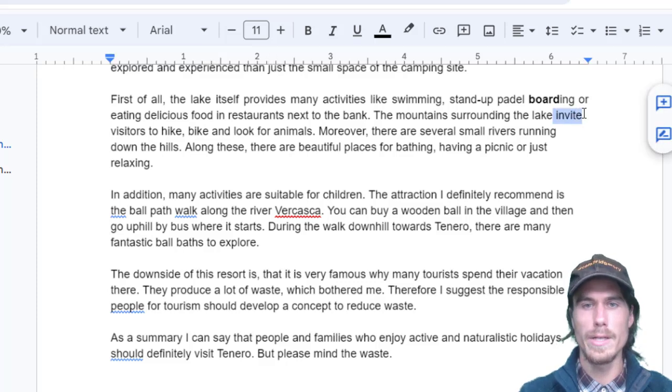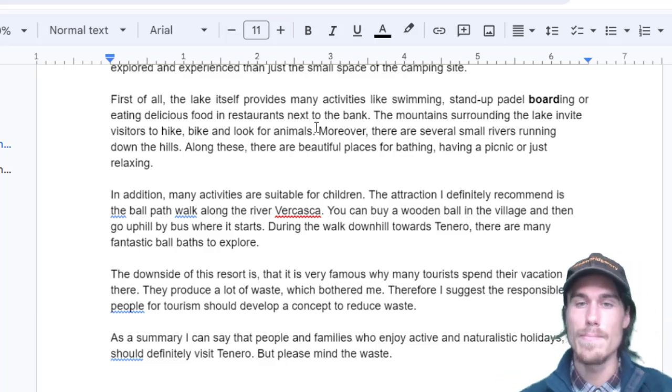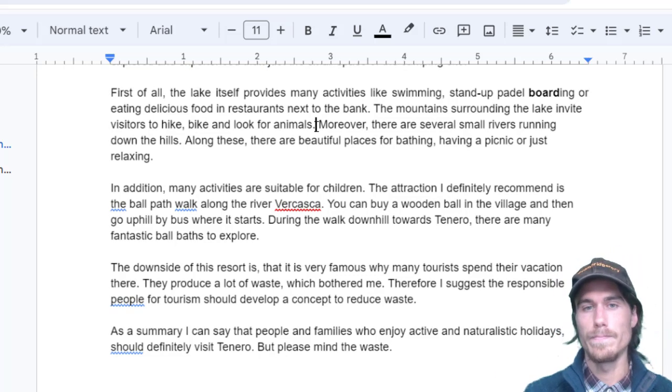So I mean, this is good words. It invites visitors to do that. But you should back it up by saying, which I think are the selling points of the resort, for example.